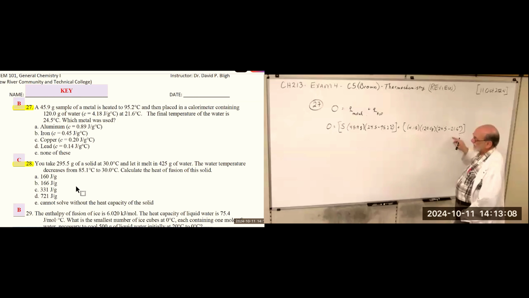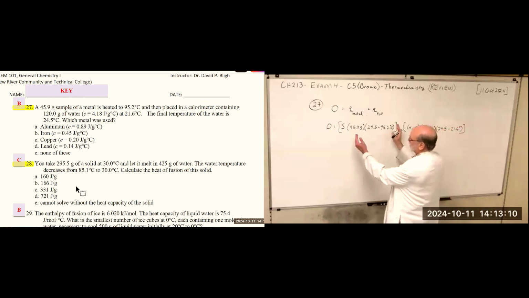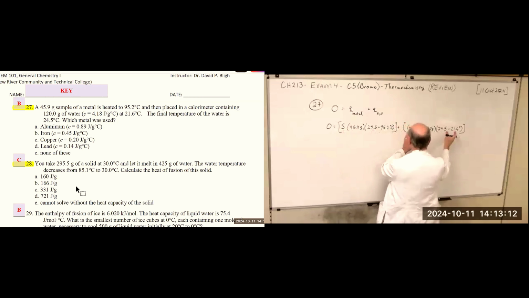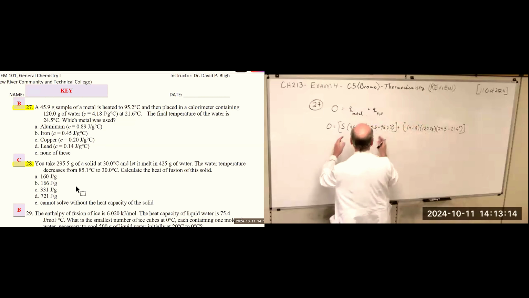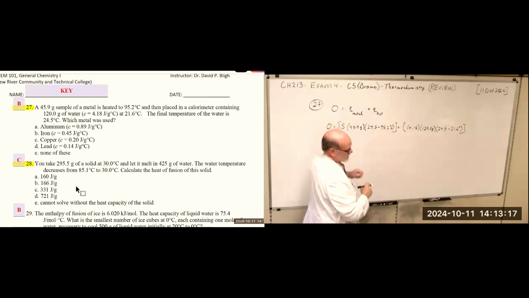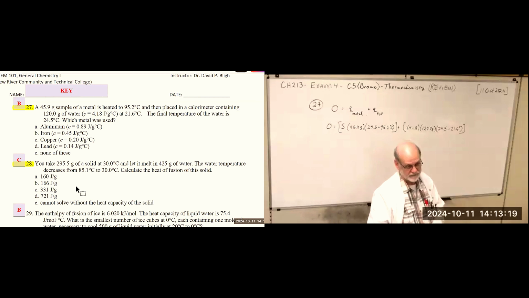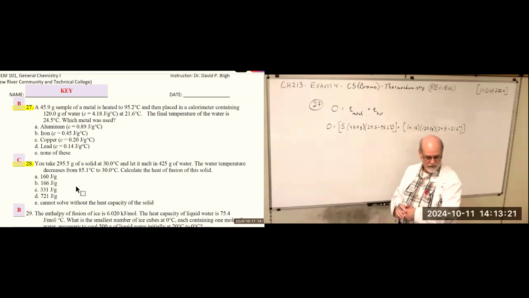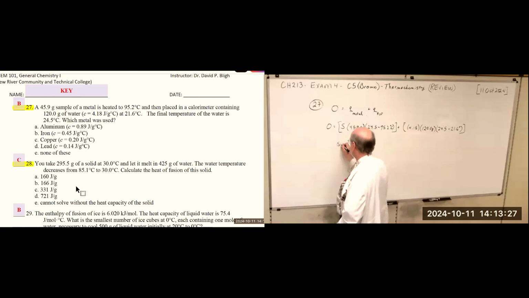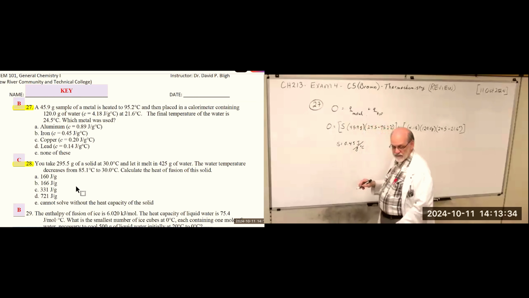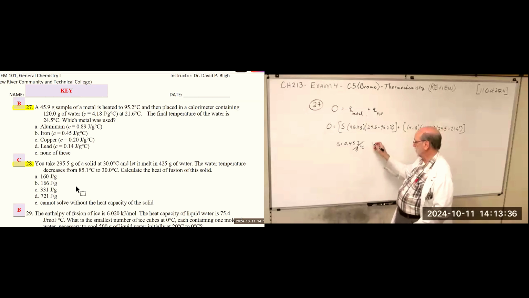We can solve this part for a number. Then this one, change the sign, goes on that side, and this part divides into it, and that gives us S. Okay. And it should come out close to 0.45 joules per gram degree C, and that means it's iron.